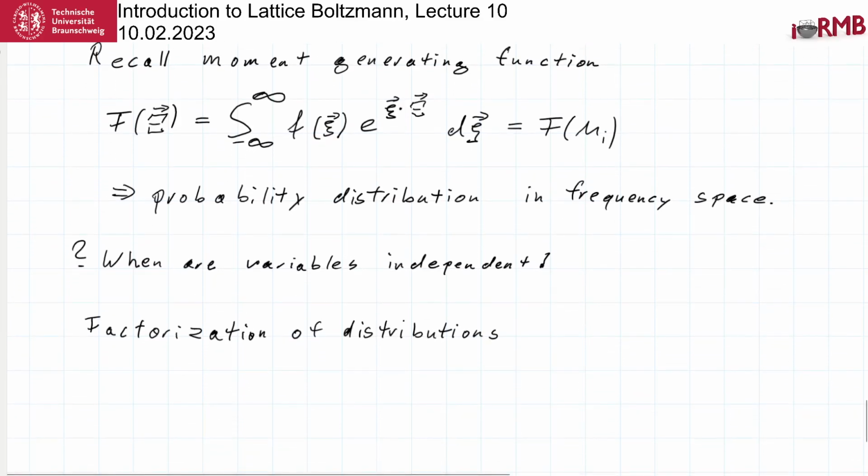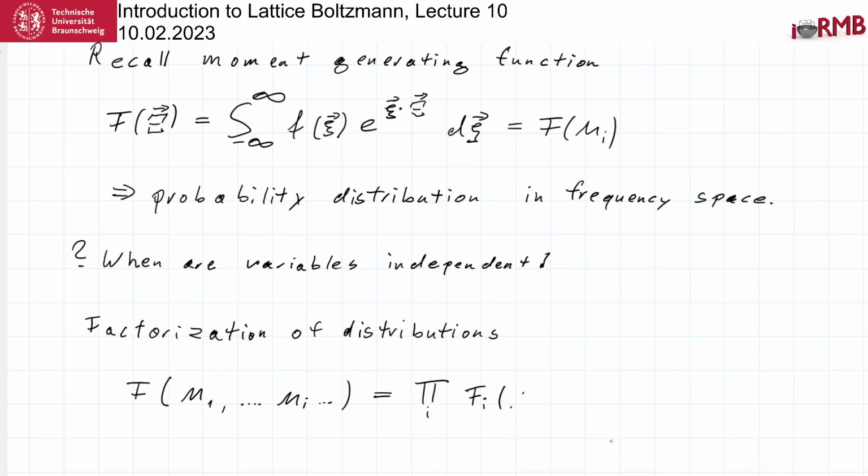Our f, which is a function of all these variables, is the joint distribution, and it must be possible to write this as a product of the single distribution functions, each related to one of the variables.